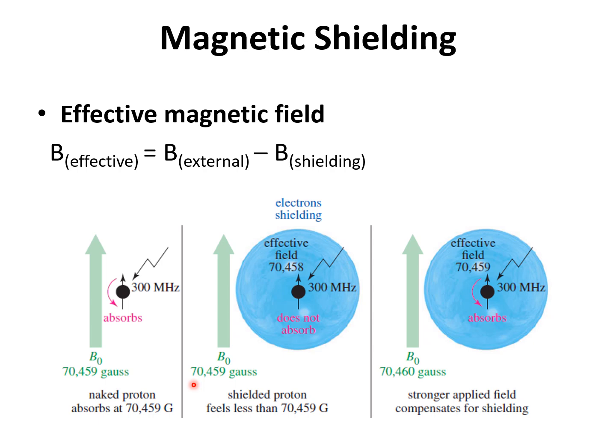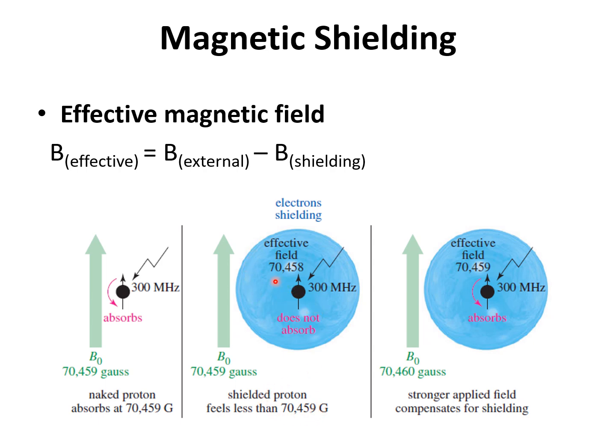So if I apply the same amount of magnetic field, that is 70,459 Gauss, to a proton shielded by the electrons, then the proton will feel less than 70,459 Gauss of magnetic field because it is shielded by the electrons.